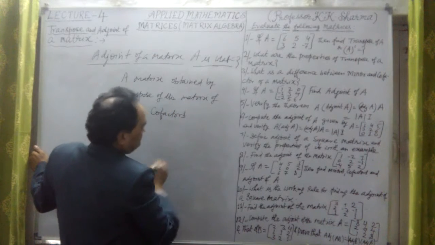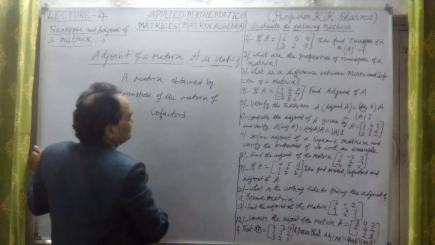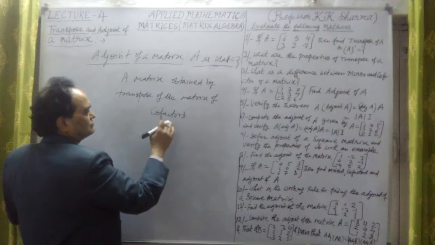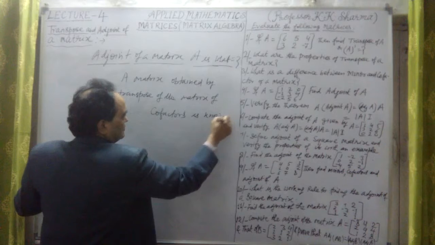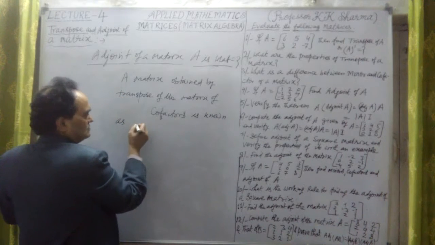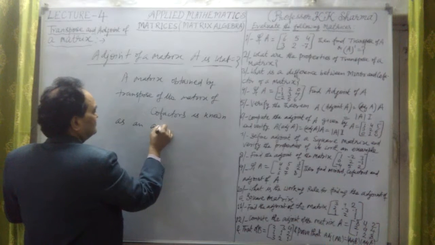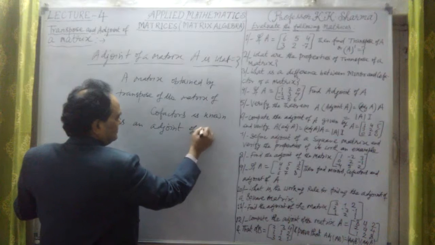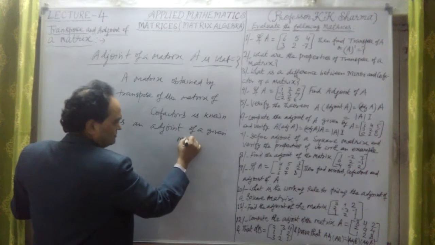So a matrix obtained by the transpose of the matrix of cofactors is known as the adjoint of a matrix. Let me define it: the adjoint of a given matrix.